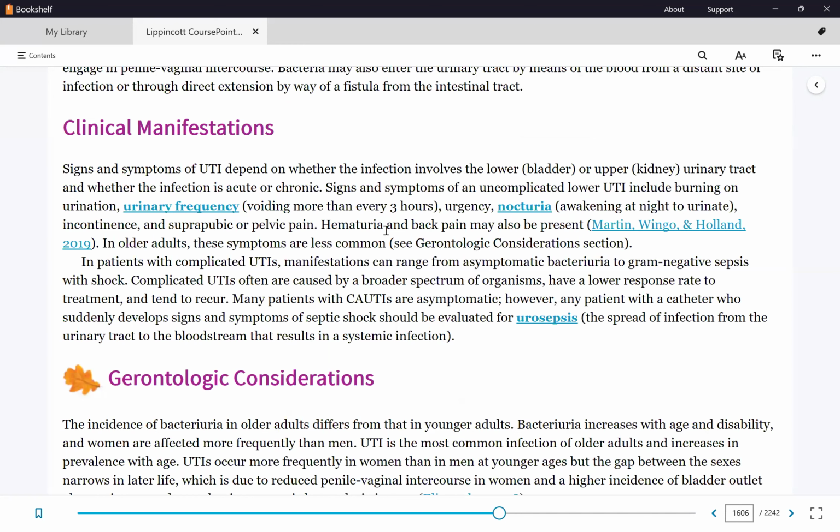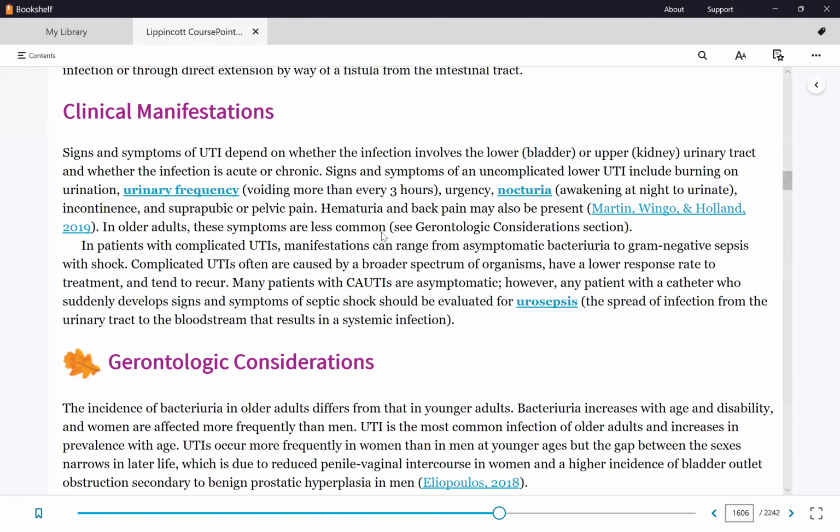And there's burning on urination. Now, not as bad as the urethritis. Okay, so this is just simple burning, just like, have you ever had soap in your urinary meatus sometimes? Okay, it happens, right? It stings, right? So that's kind of the same burning. Then there's frequency, urgency, nocturia, or blood also, but not all the time.